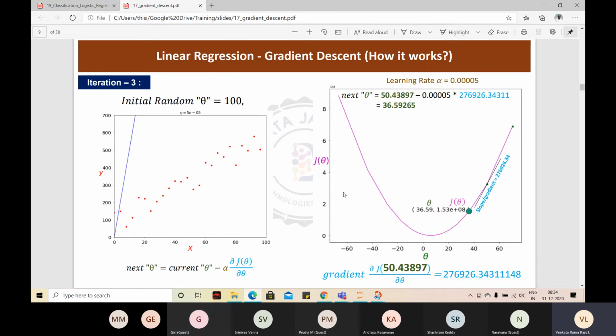In every iteration, finding out the cost or finding out the predicted value is the forward propagation. Finding this line is the forward propagation. Each J value, or you can think of it as the prediction also. Finding out the next theta is the back propagation. That's it.